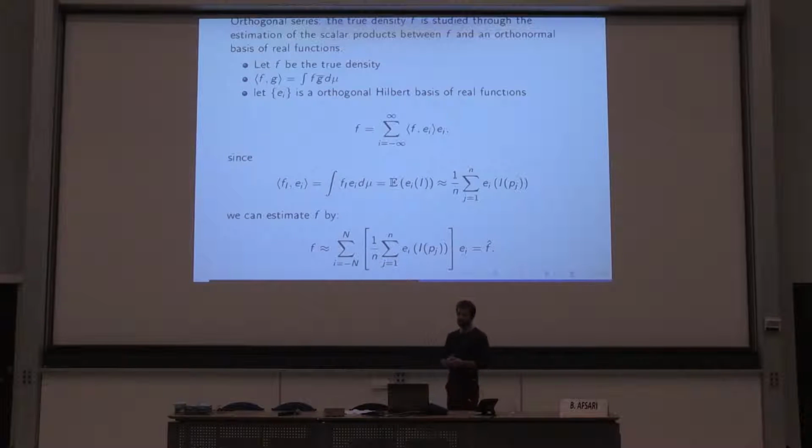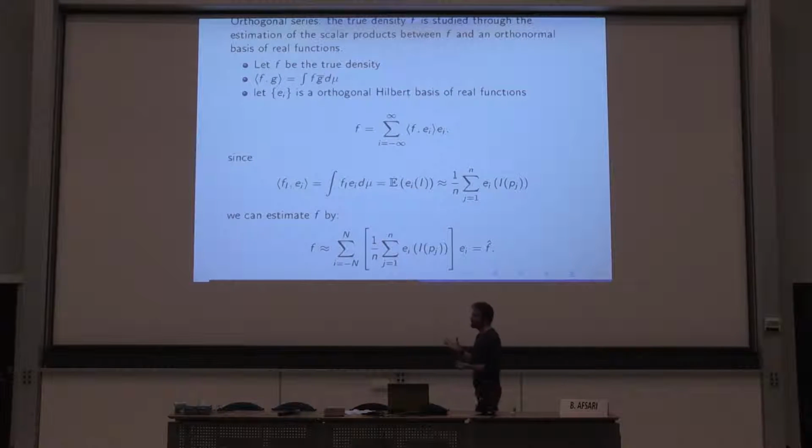And now orthogonal series, it's slightly more complicated. Here we want to study the density through an orthonormal basis of functions. It's quite simple to estimate the scalar product between the density f and a function given a set of samples.